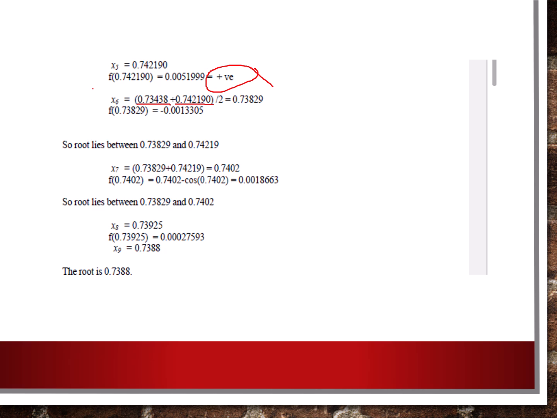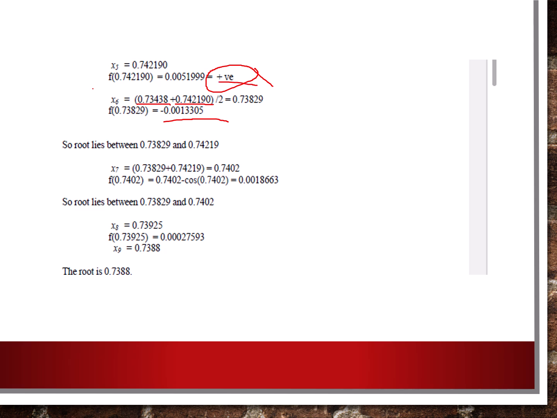The value of x6 is 0.73829. Apply to the function at x6, it is equal to minus 0.001335. So that the root lies between 0.73829 and 0.74219. x6 is negative, x5 is positive.